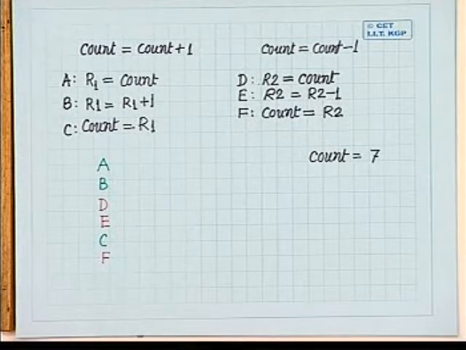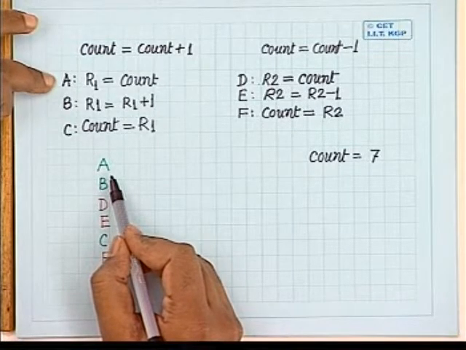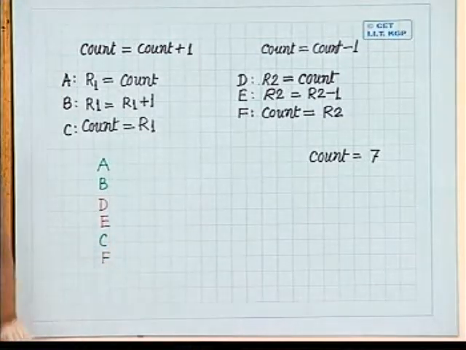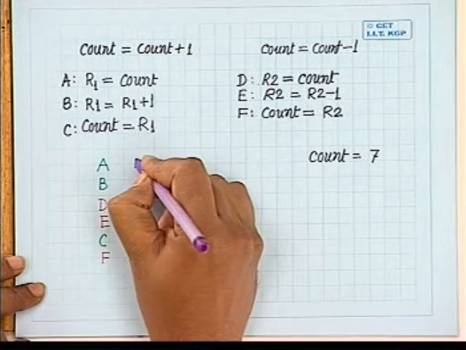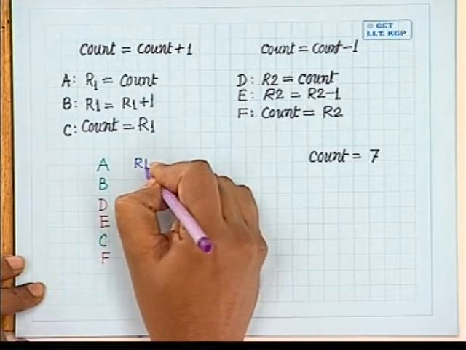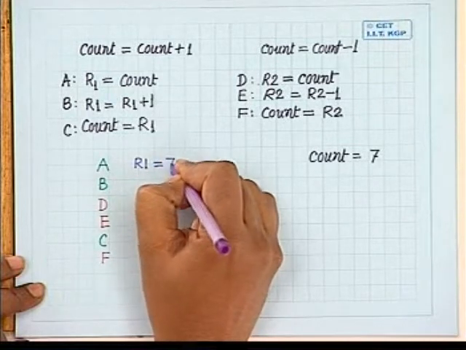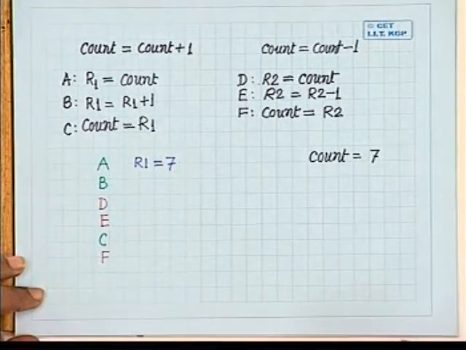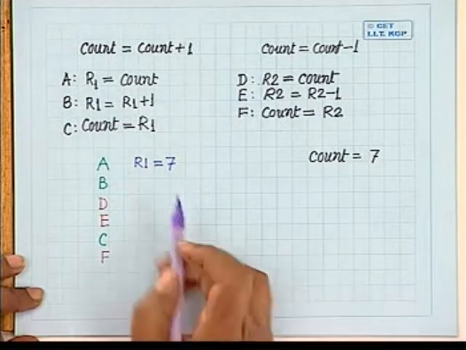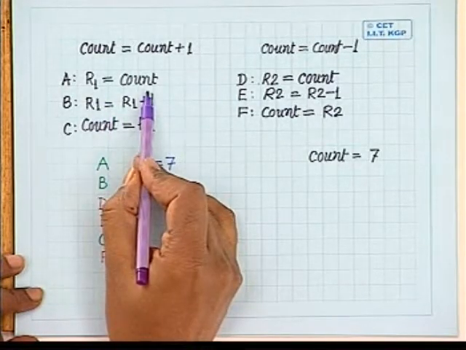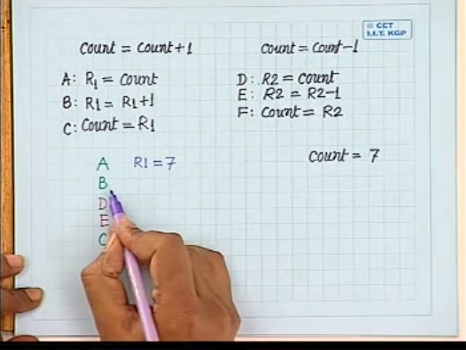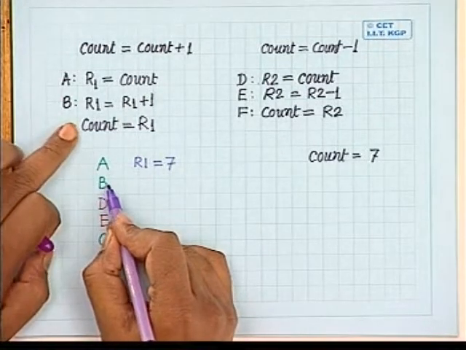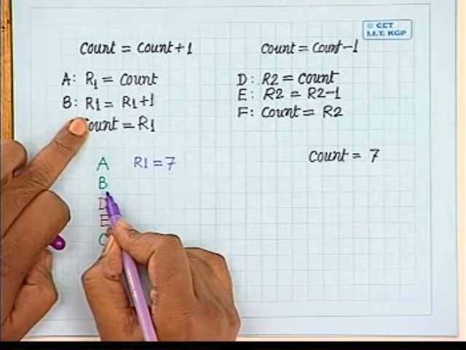First, since statement A is executed, the register R1 will have a value 7 because count is not yet changed. So R1 gets the value of count, and count is equal to 7, so R1 gets the value of 7. After that, in statement B, R1 is incremented.